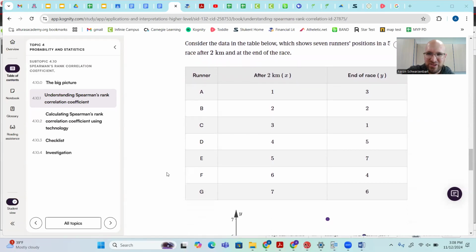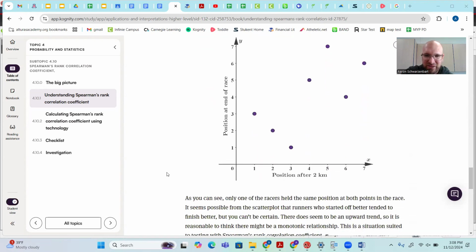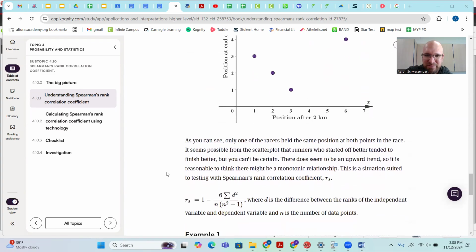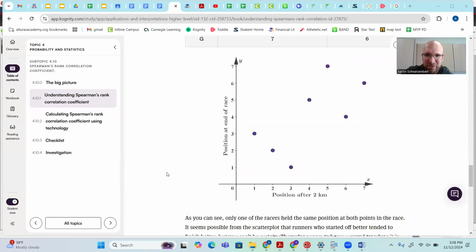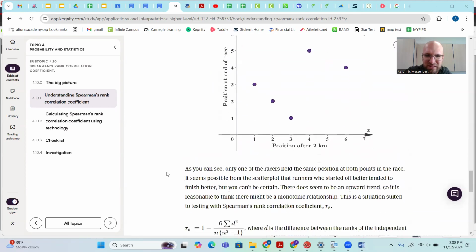So runner A was in first at 2 kilometers and third at the end. B was second for both. C was third after 2 kilometers but won the race. D was fourth but finished fifth. E was fifth but finished second. F was sixth but finished fourth. And we can see that there's some relationship, and then they made a graph here. There was only one racer that finished in the same position.